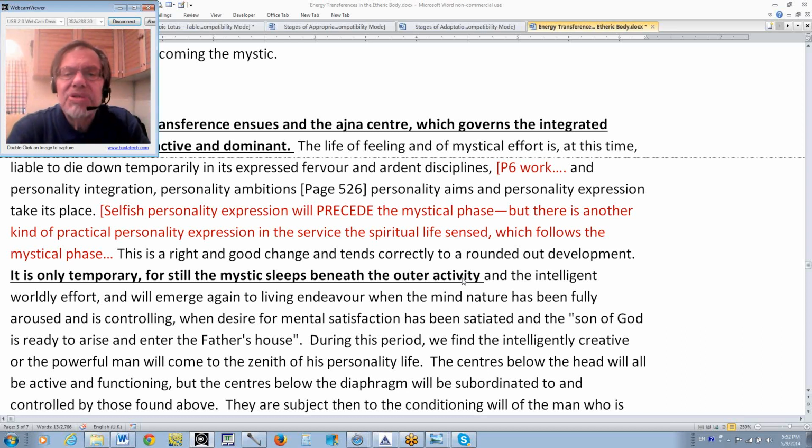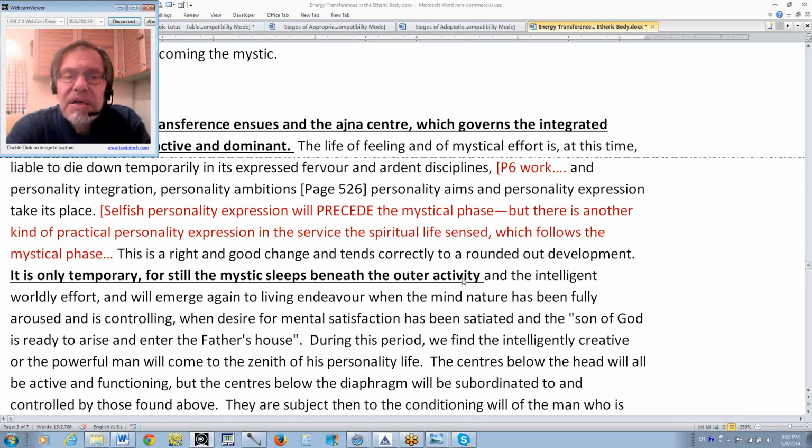It is only temporary, for the mystic sleeps beneath the outer activity, and all the occult learning that we may go through will one day be blended with a reawakening of the mystical longing, with all of its sense of unity, cohesion, connectedness, and so forth. And the intelligent worldly effort.